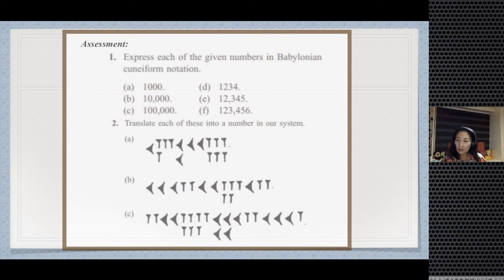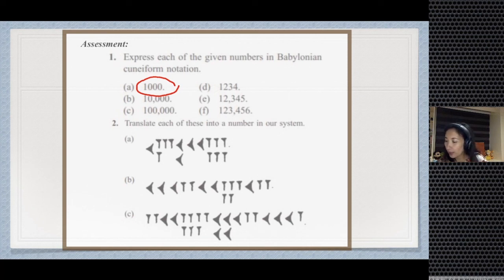Now, how about the other way? We are given a number in our current system and we convert it or express it in the Babylonian cuneiform. For instance, 1,000. How shall we express 1,000 in the Babylonian cuneiform? First, we have to convert this into base 60. Remember our previous lesson on conversion from one base to another.